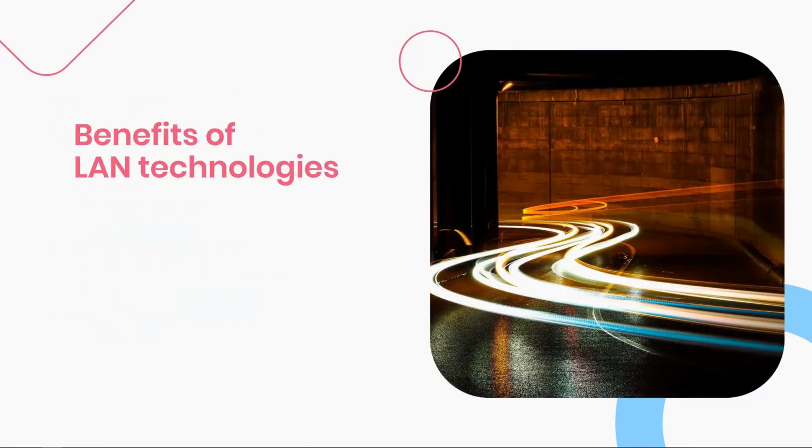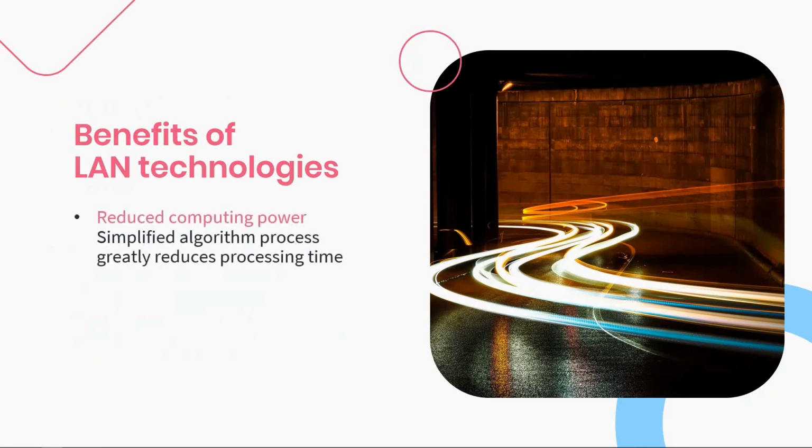Every business needs to have a reliable network to be able to send and receive data confidentially and securely with its own LAN. Some of the benefits of optimizing a business LAN are reduced computing power. When a LAN has been optimized, there are some benefits of reduced computation in the network.